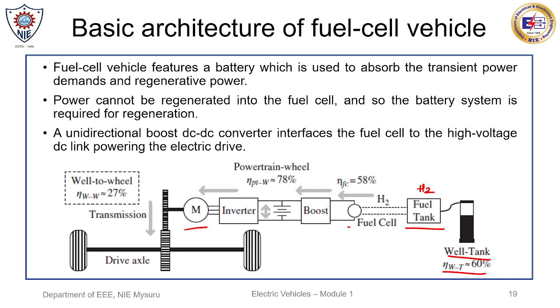Then we have the fuel cell, which converts the hydrogen to electricity, and that has an efficiency of around 58%. Then from fuel cell to wheel, we have around 78% efficiency. When we calculate total efficiency, it comes around 27%. So both the battery electric and fuel cell based electric vehicles have better efficiency compared to IC based.